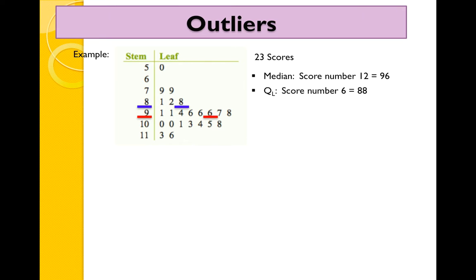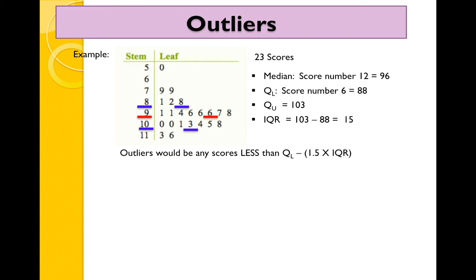The lower quartile in the lower half of the scores is score number 6, and that's 88. The upper quartile is the 6th score in that upper half, and that is score 103. That gives us an interquartile range of 103 minus 88, which is 15.